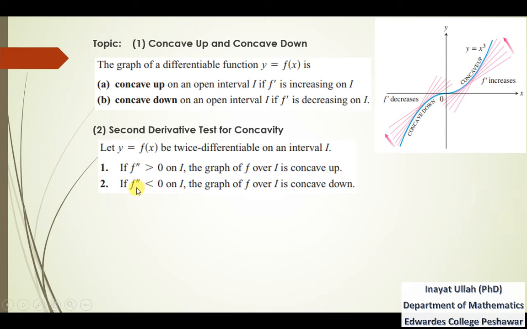And whenever the second derivative of the function is negative on the interval I, then we say that the graph of the function is concave down.